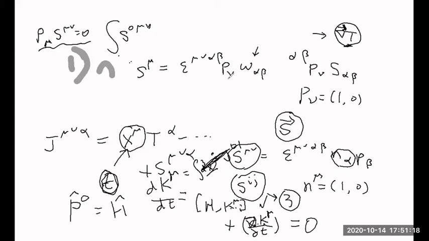So if p is not in the rest frame, if p has some spatial component, the 0i component of omega will also affect it. So you have to go to the rest frame of the lambda particle and take the spatial component in the rest frame of the lambda particle. And that involves the 0i component of omega in the lab frame too.